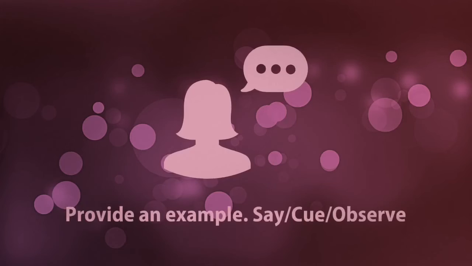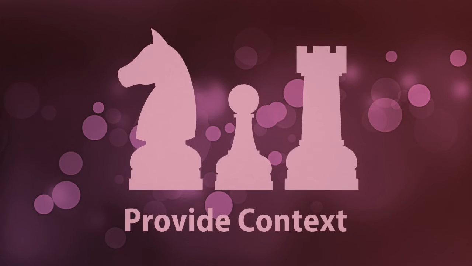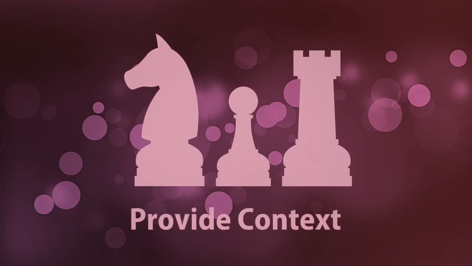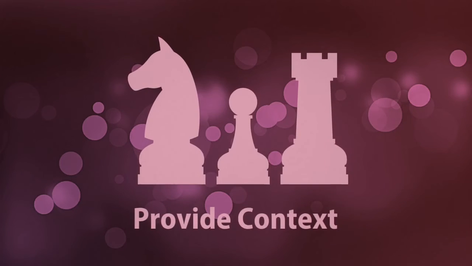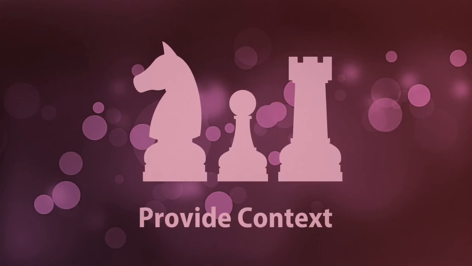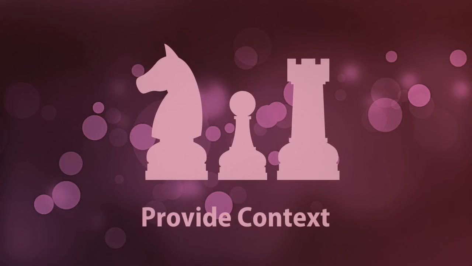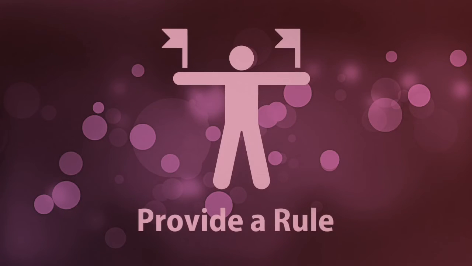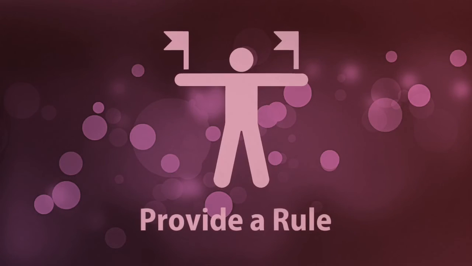B-R-Y-A-N. Providing context gives students an idea of how this question or problem associates with the wider world. For example, if you're teaching your students chess, you might want to refer to the pawns as soldiers in the war. Providing a rule gives students an easy access point to start tackling the problem from.